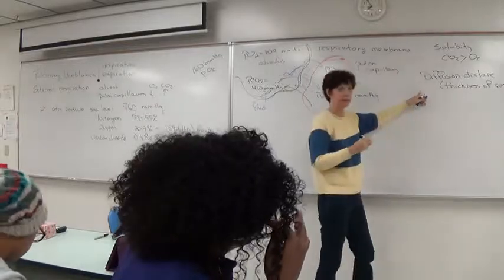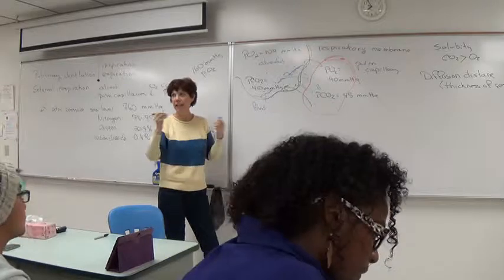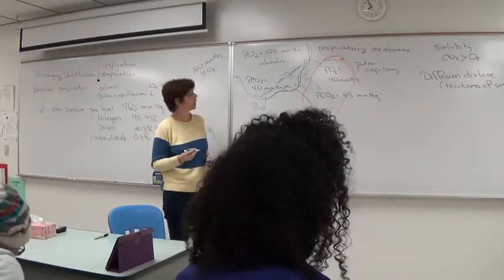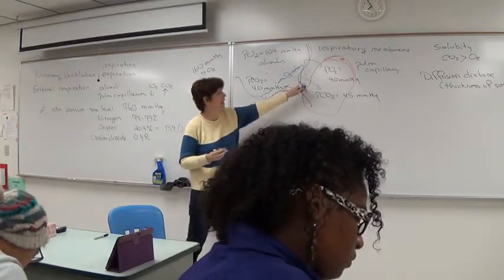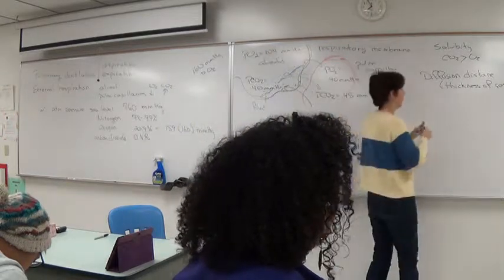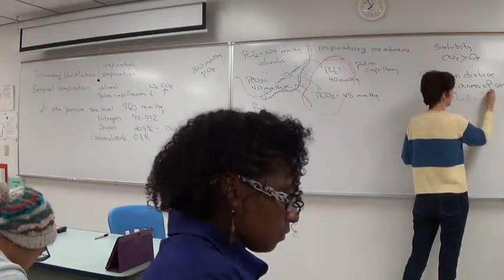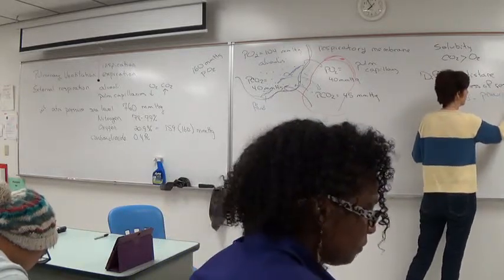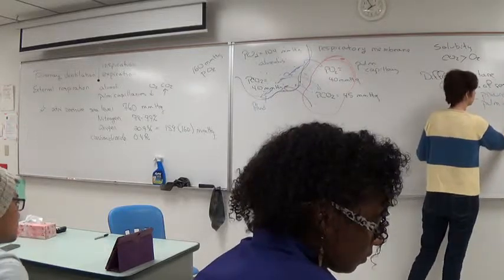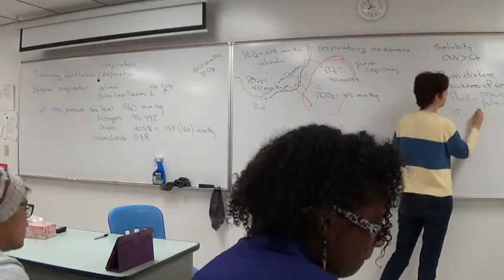So as the diffusion distance goes up, it's going to take longer for the oxygen and the carbon dioxide to move back and forth. Right? We can increase the thickness with, let's add that over here, fluid due to pneumonia or pulmonary edema. Connective tissue, so we have pulmonary fibrosis.